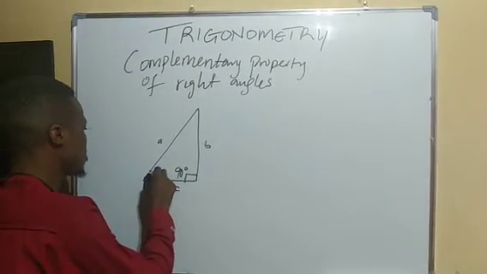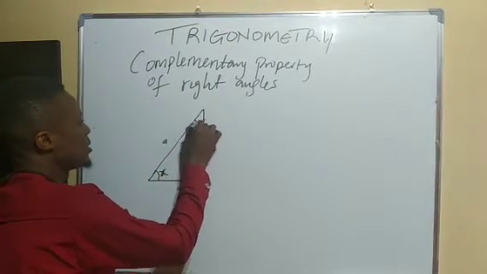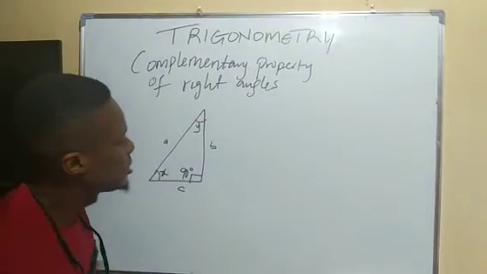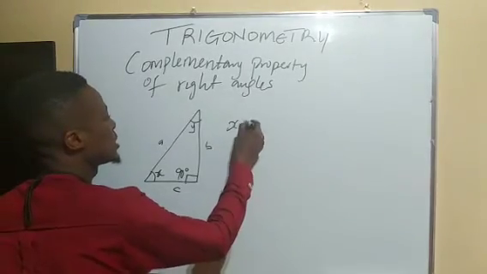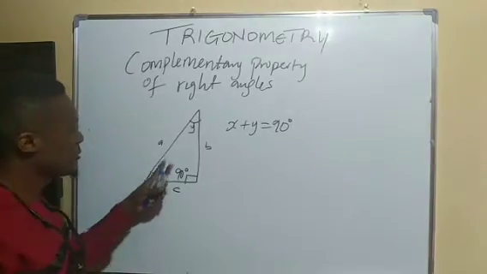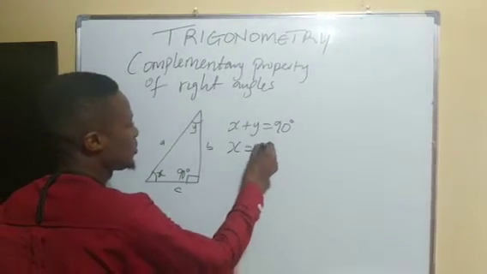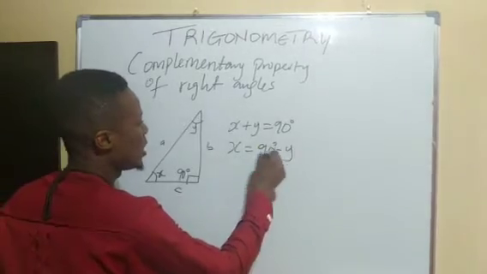But let me say that this angle is, let's say x, and this angle here is y, for instance. You will now observe that x plus y must be 90 degrees because both of them are sharing 90 degrees. Which means x is now 90 degrees minus y.